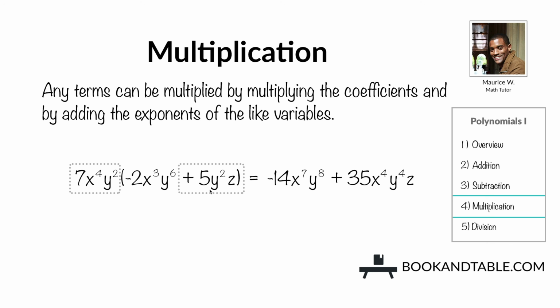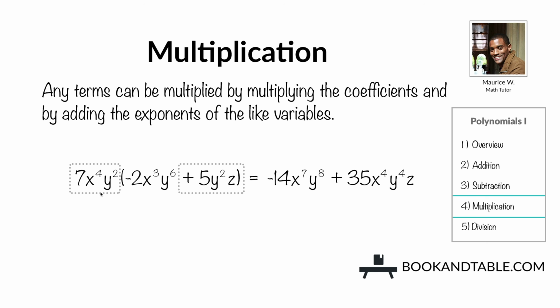Y to the 2nd times y to the 2nd equals y to the 2 plus 2, which is 4. And in this term we have z. The first term doesn't, so we keep our z. So the product would be negative 14 x to the 7th, y to the 8th, plus 35 x to the 4th, y to the 4th z.